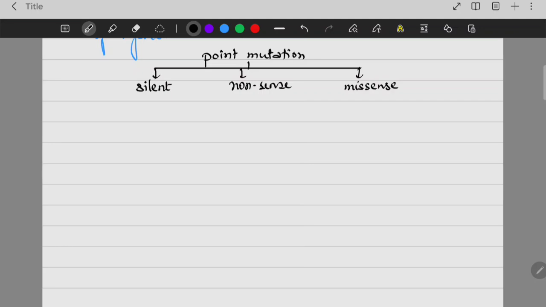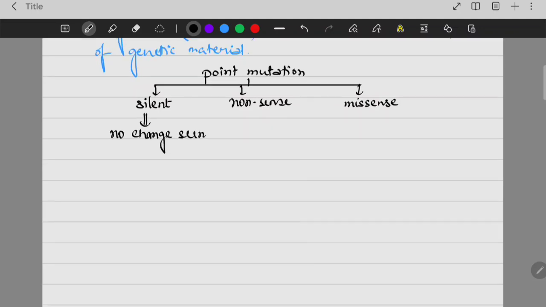That means even after mutation, lysine is present in the protein, so no change is seen in the peptide chain. So this is the silent one. Example, no change seen.